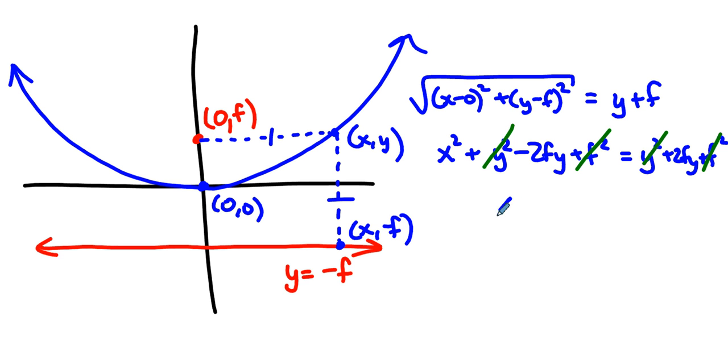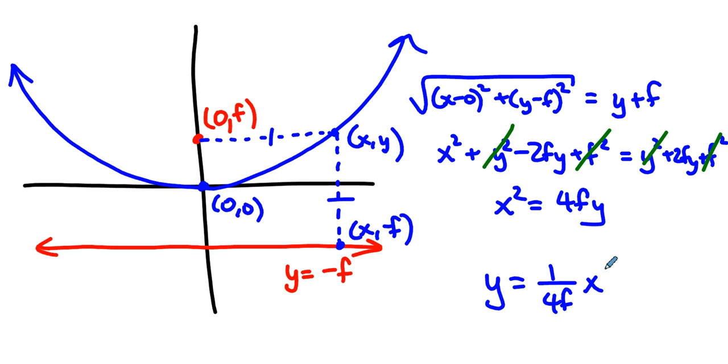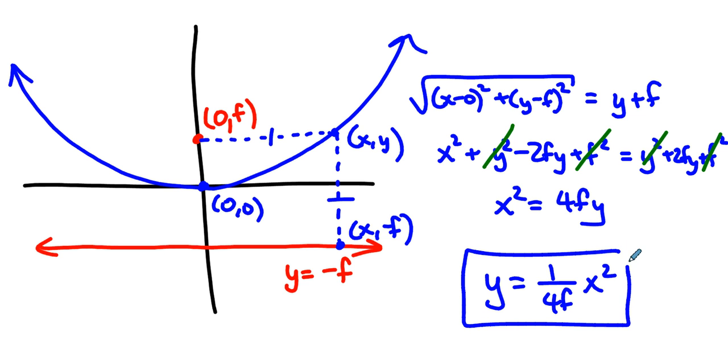And so we figure out that x squared is equal to 4fy. So the parabola with equation y equals 1 over 4f times x squared, that's what this is, has focus 0, f and directrix y equals negative f.